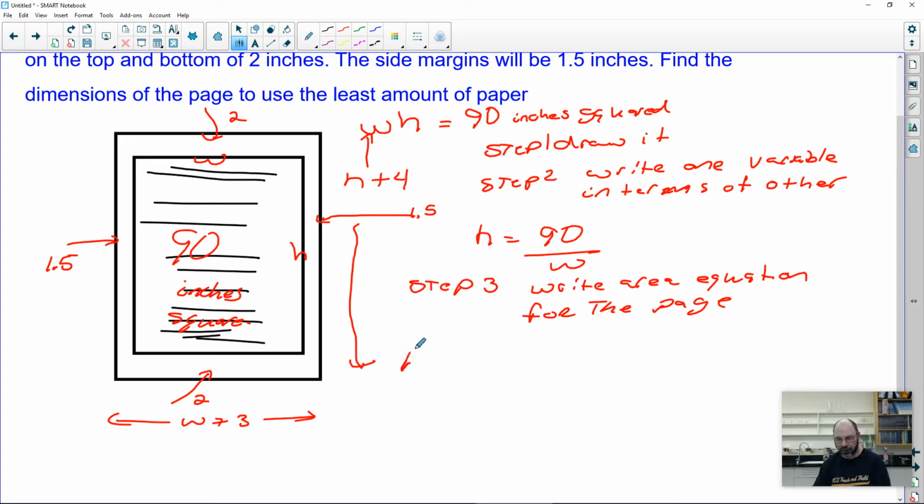Okay, so writing the area equation for the page. So the area of that page is equal to H plus 4 times W plus 3. Okay, now let's plug it in.